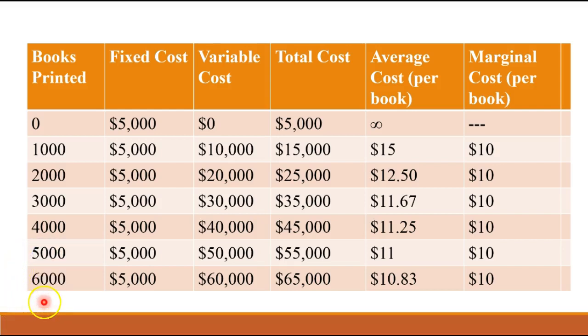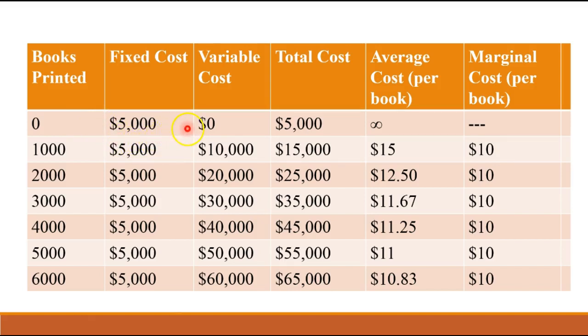All right, well, you can see what I've done is just to organize things so that we have total production here on the left-hand side, and I've just assigned a particular value for fixed costs. So even if we don't end up printing any books, just to prepare the book has cost us $5,000.